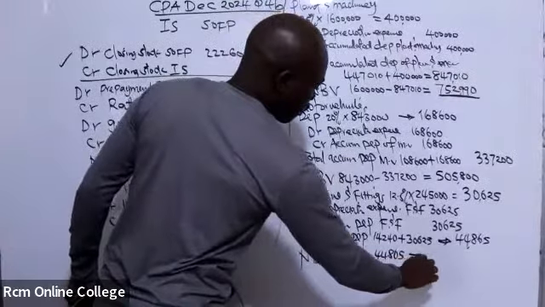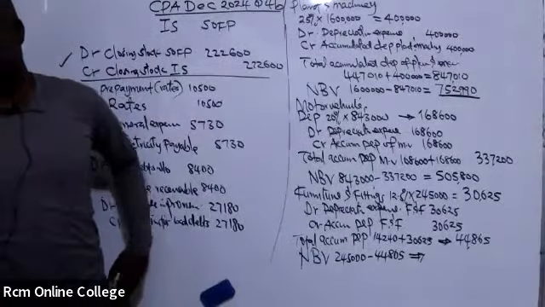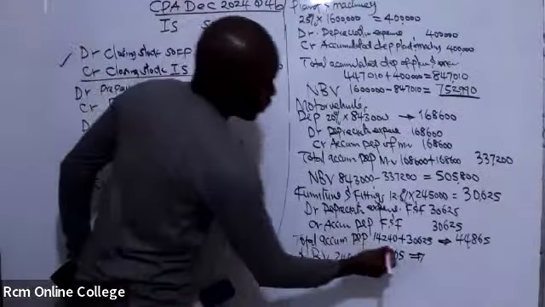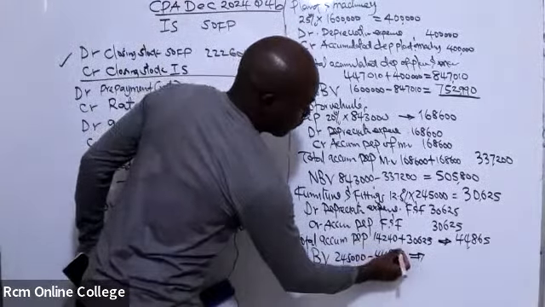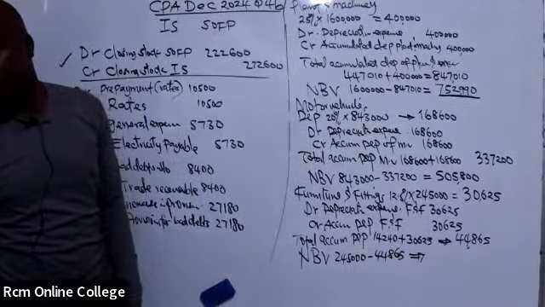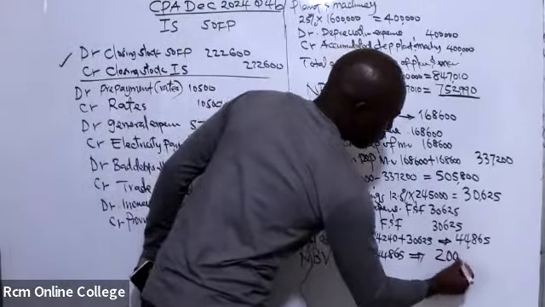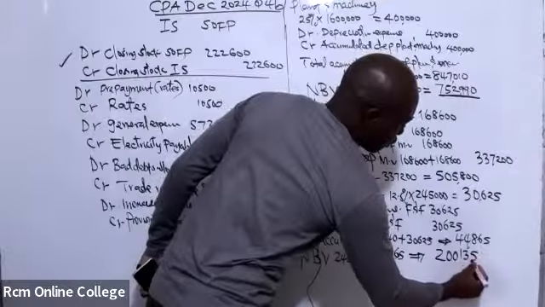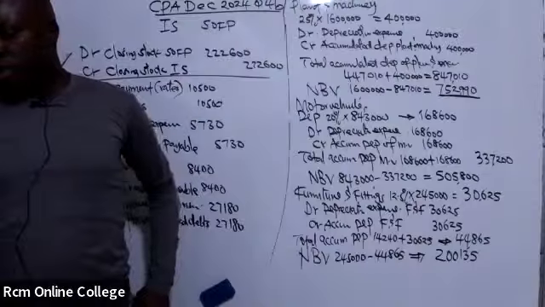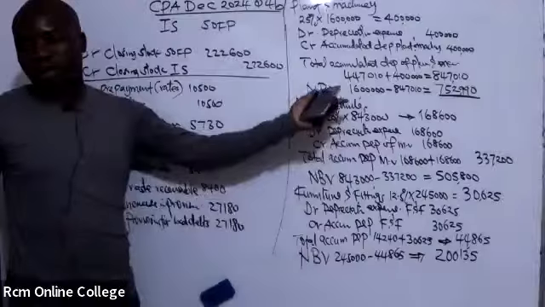What is the net book value that you give me when preparing the statement of financial position? 200,135. 200,135 is the net book value of our furniture and fittings, which will be recorded in the statement of financial position.